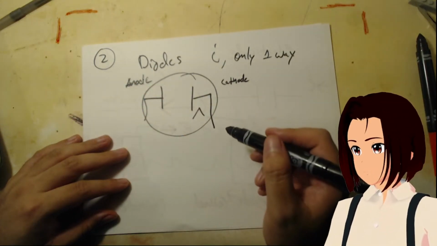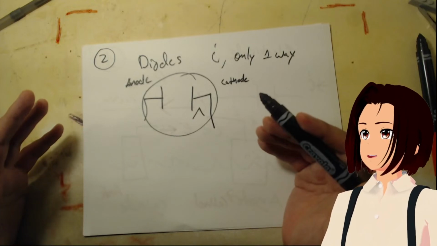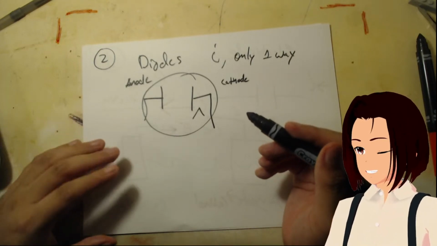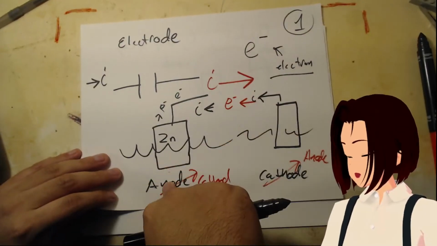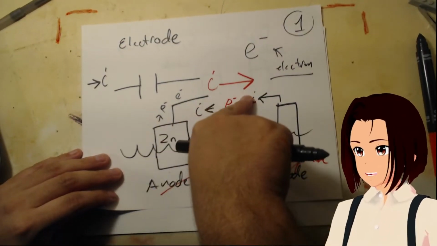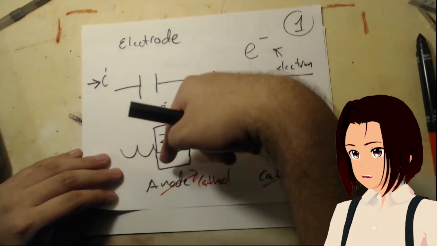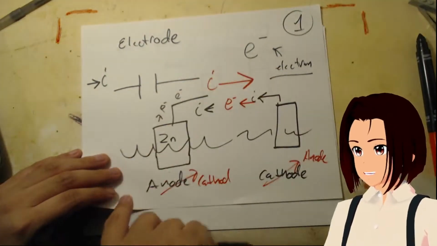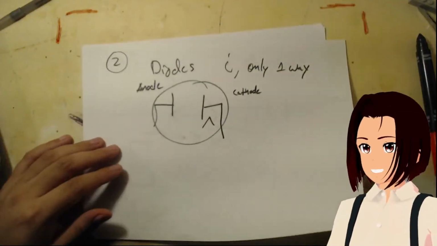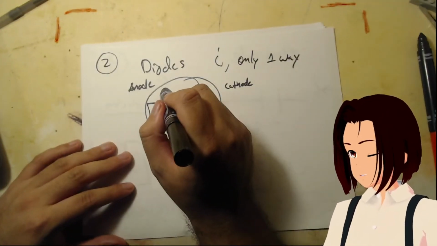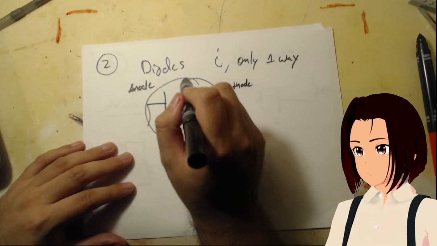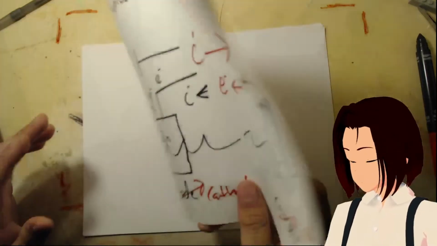But the thing is that you might think, okay, so electrons, so let's go back to the other page. So in the anode, current flows out, and current flows in, and the electrons go out. So here surely the current flows out. Wait, does it?